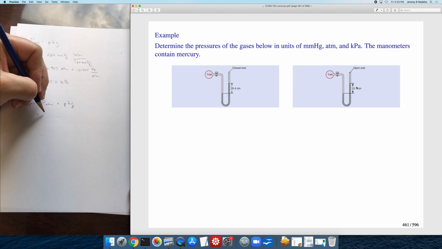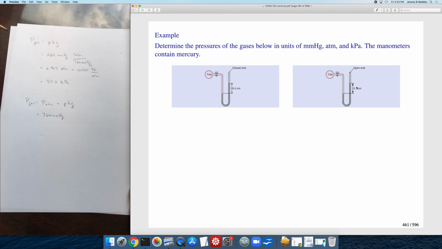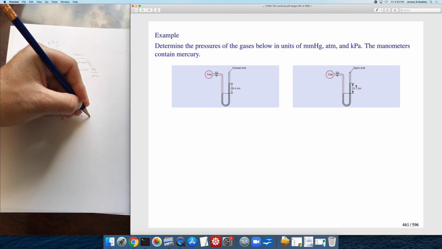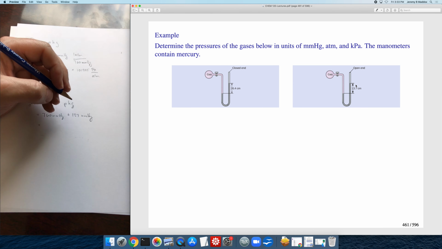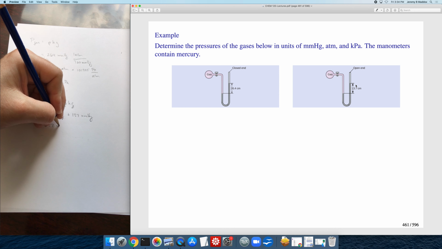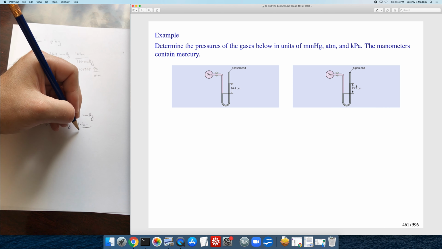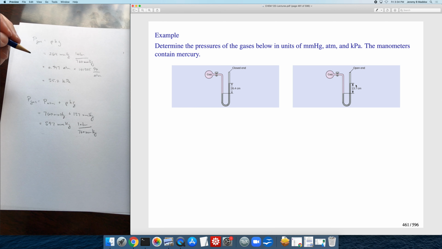So for the atmospheric pressure, we're going to take that to be 760 millimeters of mercury. And then we're going to add to that 137 millimeters of mercury. So I'm getting 897 millimeters of mercury. We can convert that to ATMs by dividing by 760.